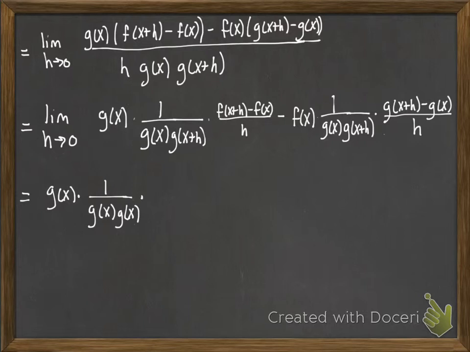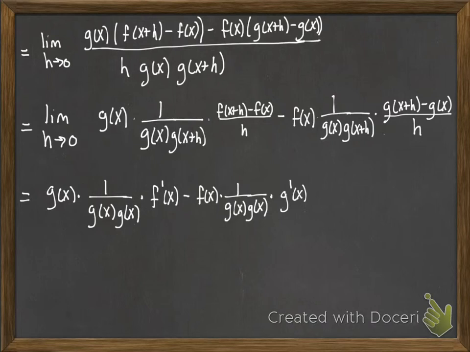And then the limit of f of x plus h minus f of x over h, that's just f prime. And we continue to the second part. The limit of f of x as h goes to 0 is f of x. The other stuff is going to be 1 over g of x. And the limit of g of x plus h minus g of x over h is g prime.